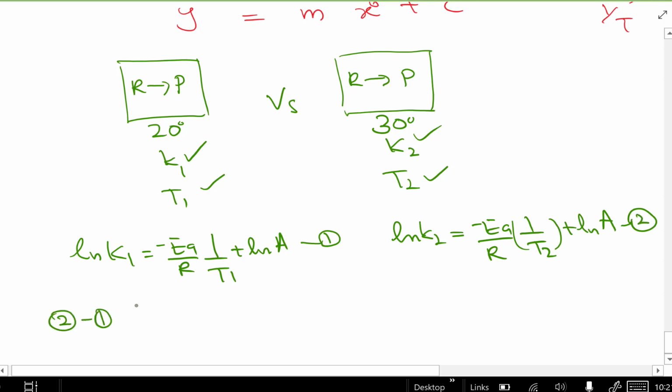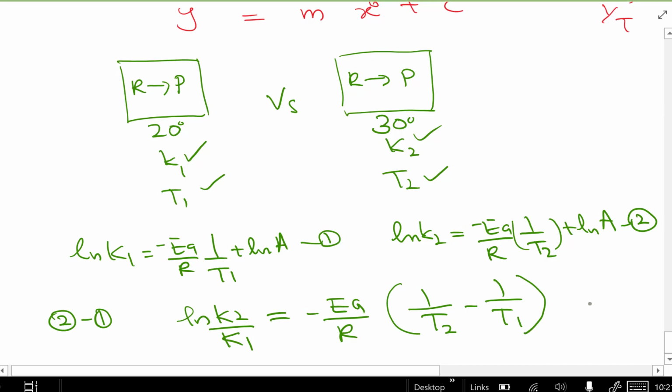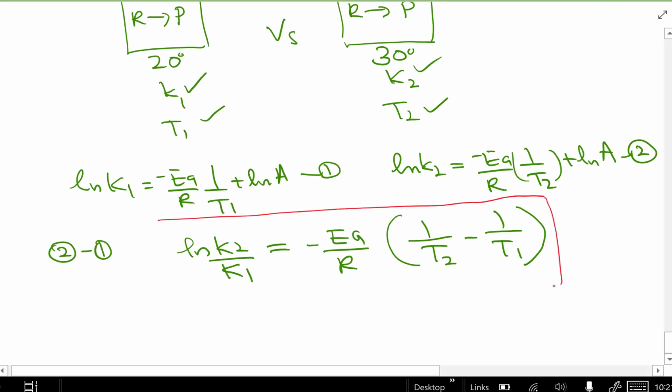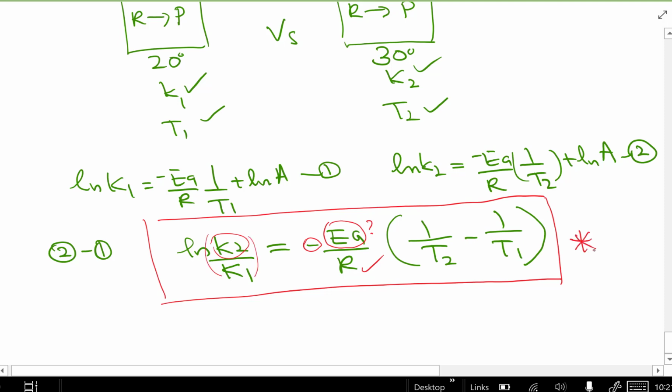Now we can do 2 minus 1, the difference between the two. You can write it algebraically as ln k2 over k1 equals minus Ea over R, that's all the same for both, times 1 over T2 minus 1 over T1. Now this formula could be slightly different when teachers teach it differently, but still this is a good way to look at it, right?